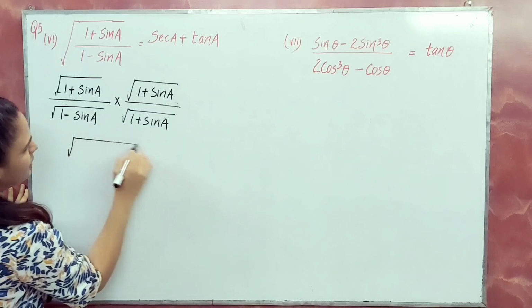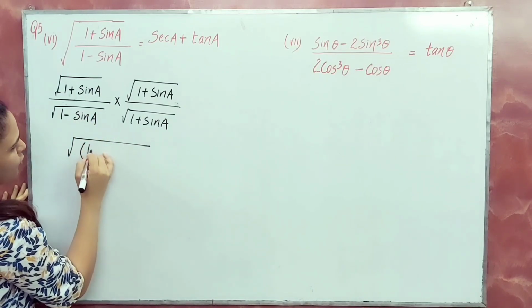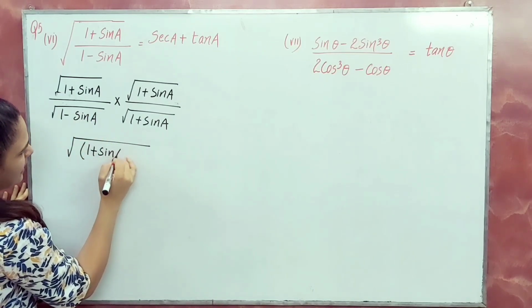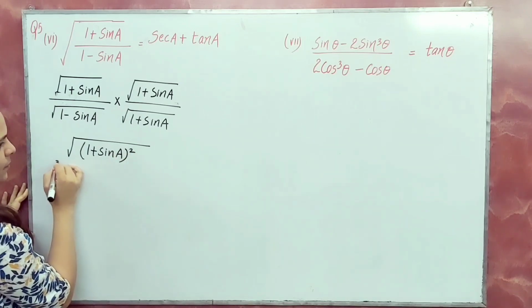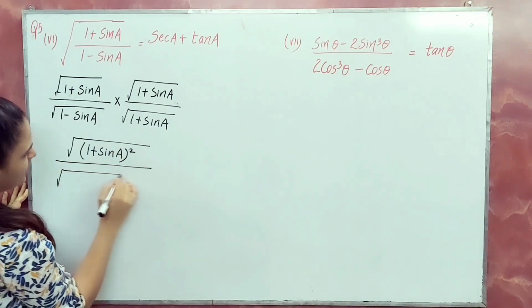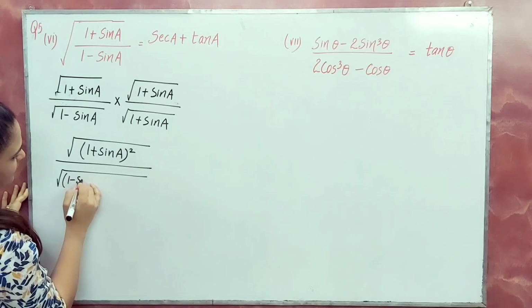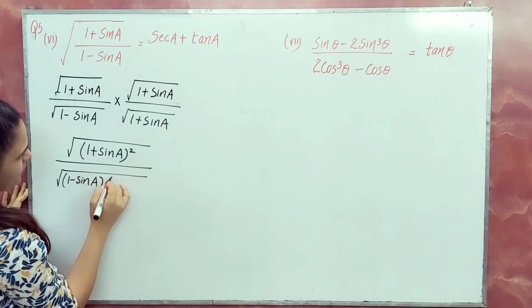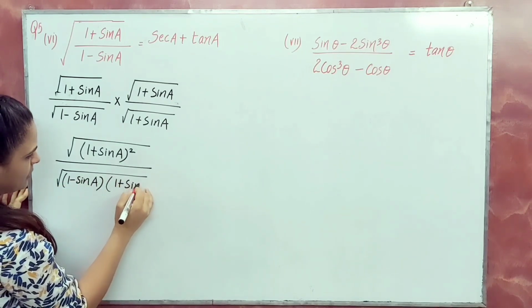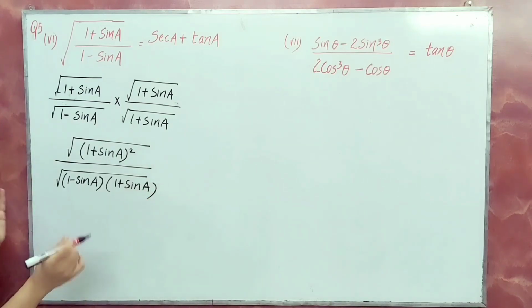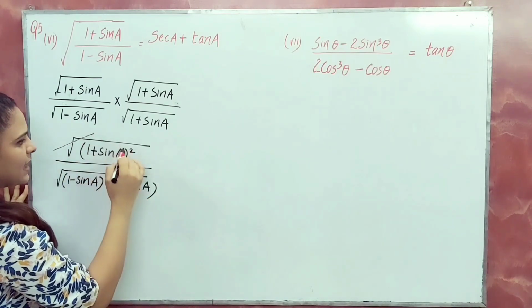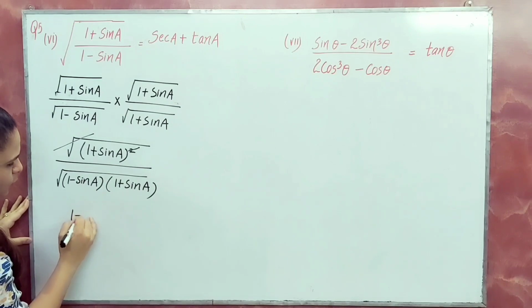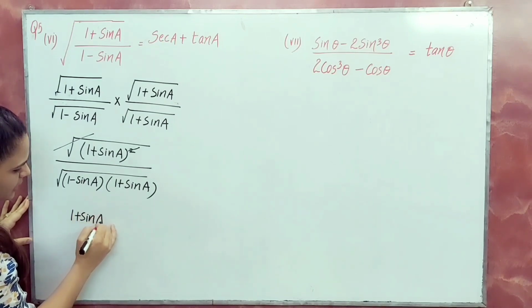Now by multiplying the numerator we will get root of (1 plus sin A) whole square. And in the denominator we have (1 minus sin A) multiplied by (1 plus sin A). We can cancel out this root and square, so you will get 1 plus sin A in the numerator.